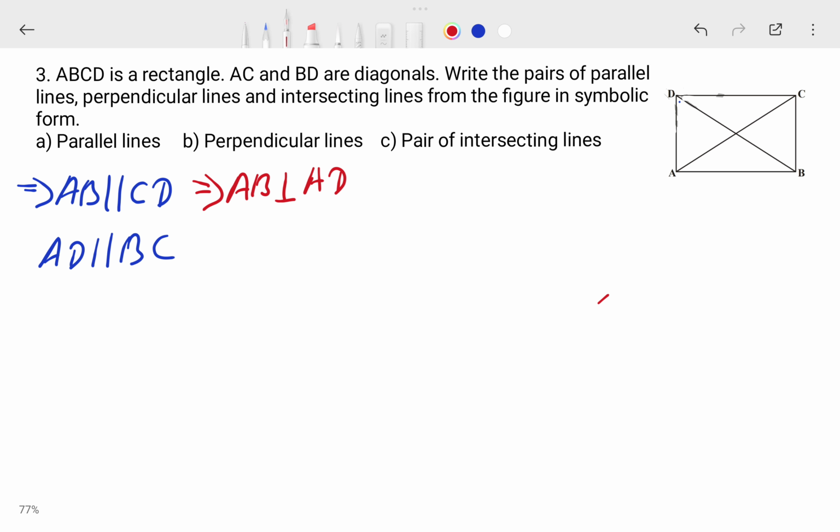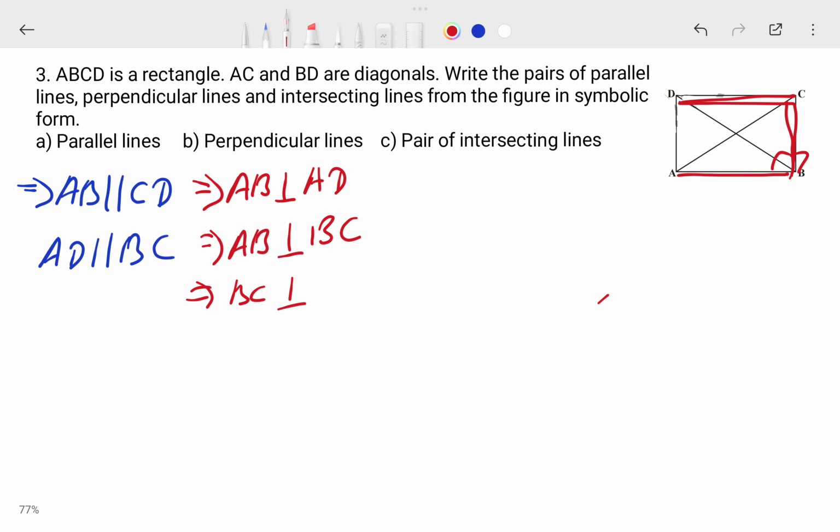Here if you observe, AB is there and BC is there. This is also perpendicular, 90 degrees. So AB is perpendicular to BC. After that you will see BC and CD are perpendicular, so BC is perpendicular to CD.